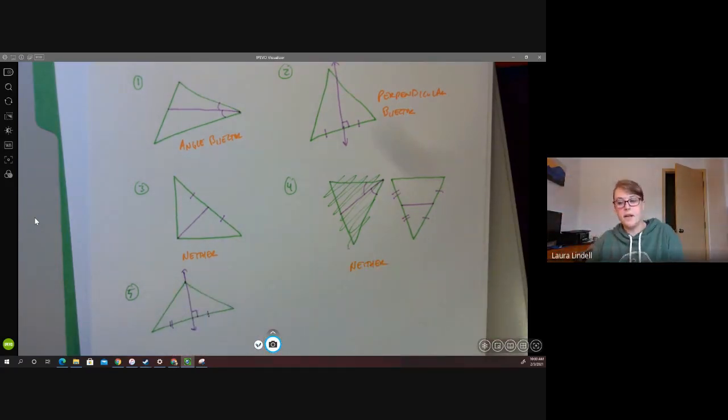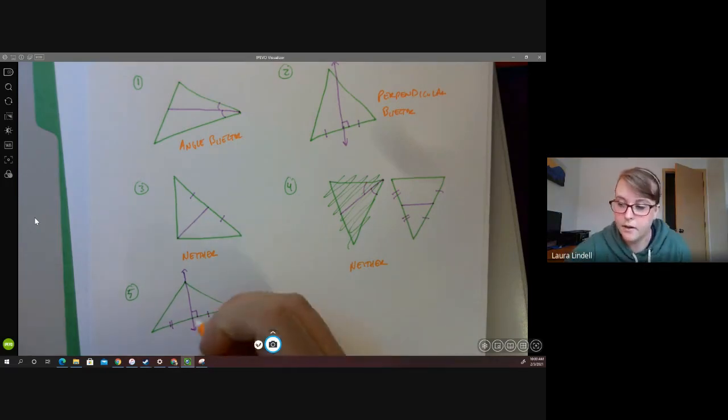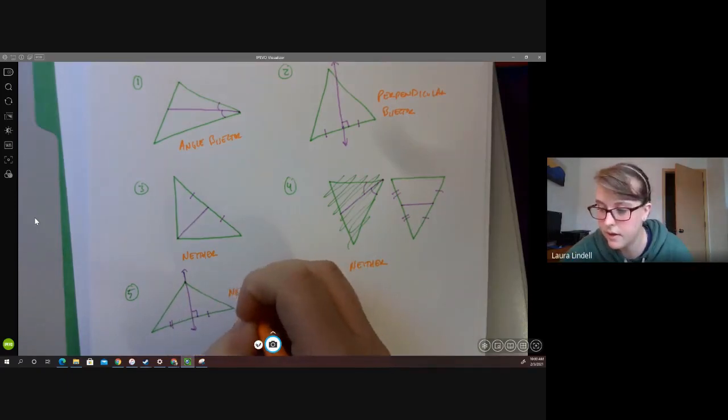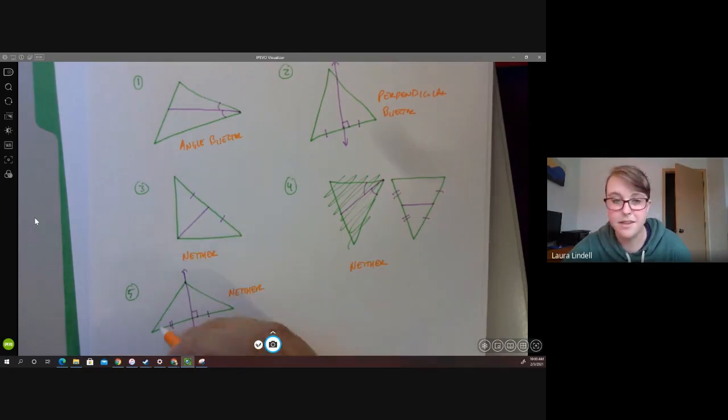So if we get something like this, where it's perpendicular, it's not necessarily a bisector, unless these are labeled as being the same, or these are labeled as being the same. Then in that case, you would be able to tell that it's a perpendicular bisector, but this would also be a case where it is neither. Because although it's perpendicular, it's not a bisector.